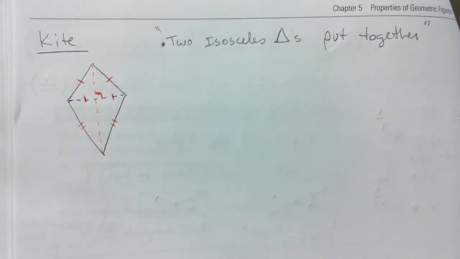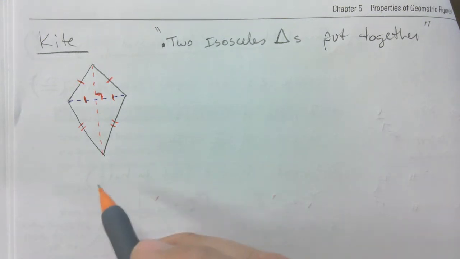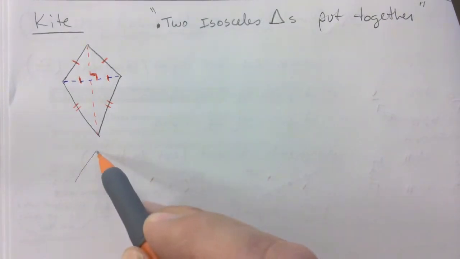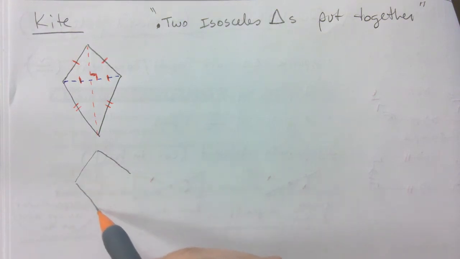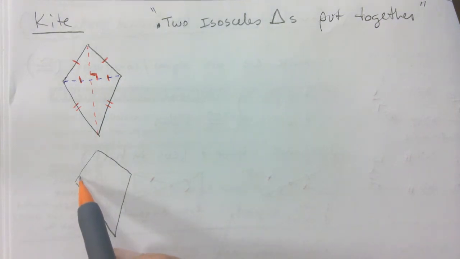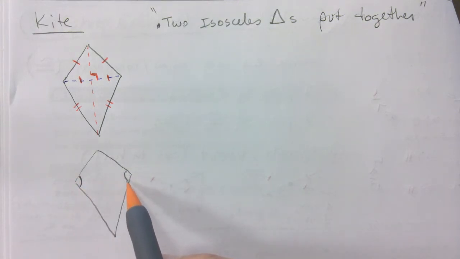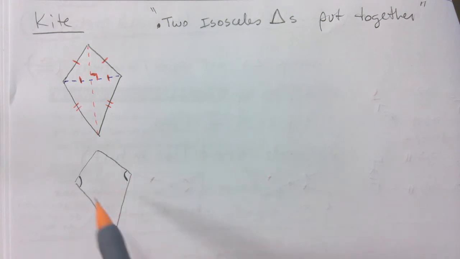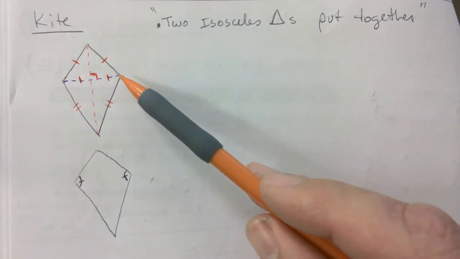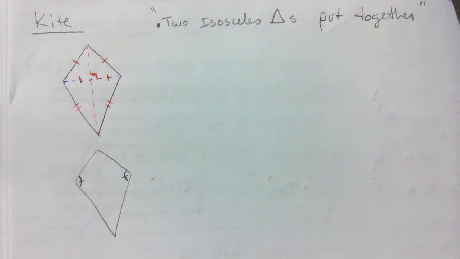And now it's getting a little bit crazy, so I'm not going to keep adding to it. So I'll just make another kite because we have the room. So draw another one under it. So we'll just say that these two angles are the same. This one is the same as that one. You could have added that to the top here, but I think it gets too crazy there.